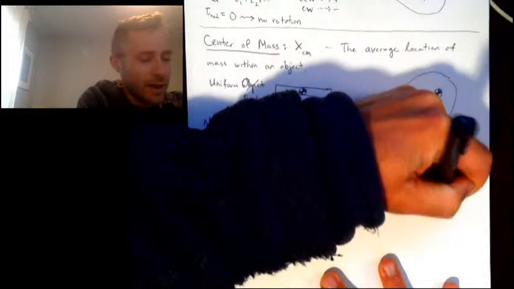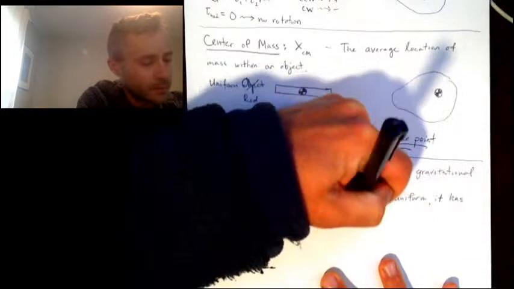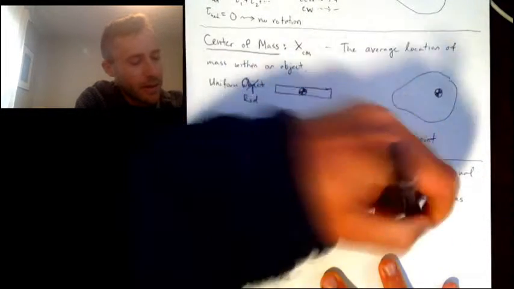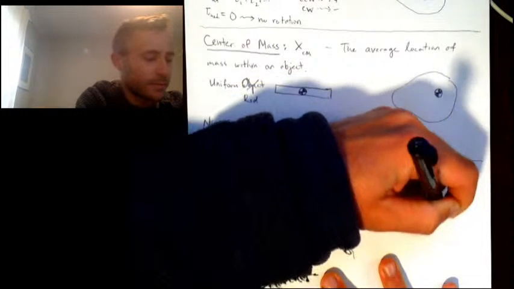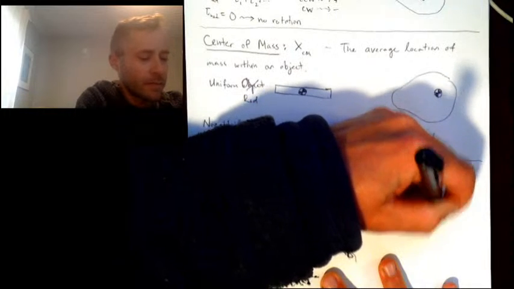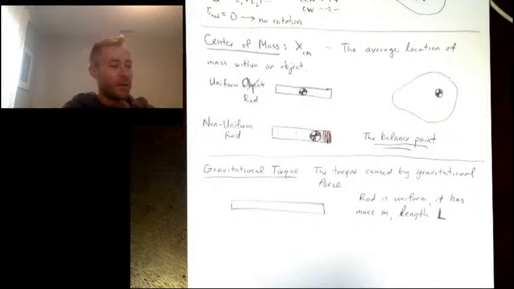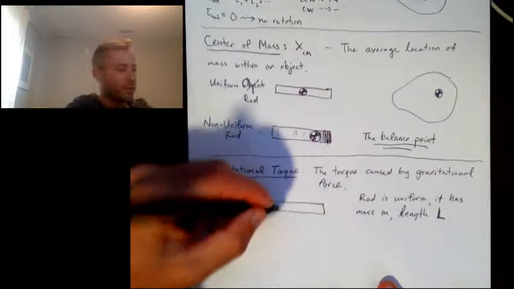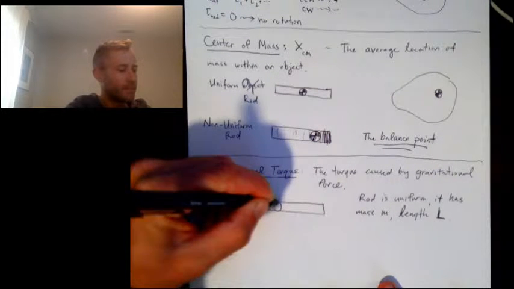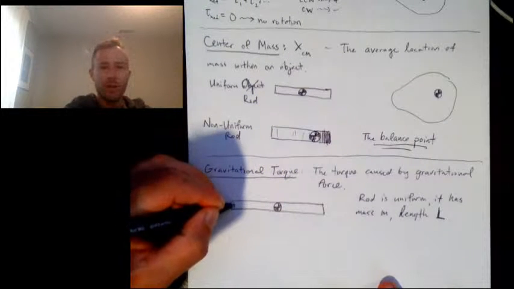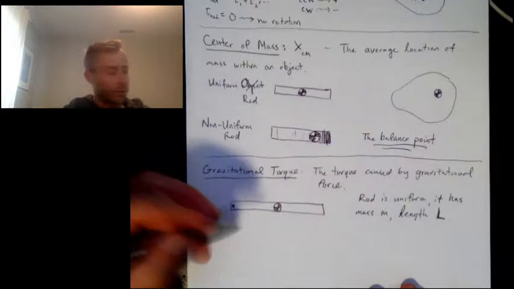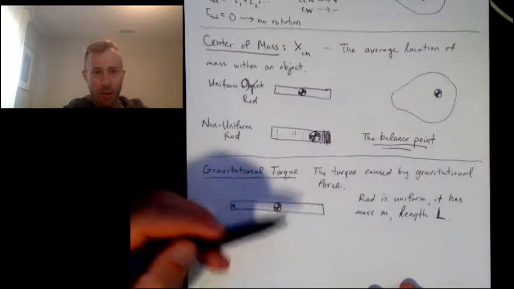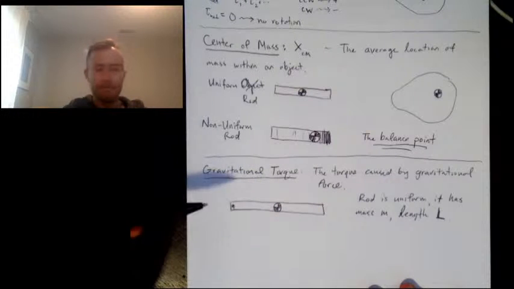It has mass m and length L. So because it's a uniform rod, the center of mass is going to be in the middle. And we'll put the pivot point on the left end.